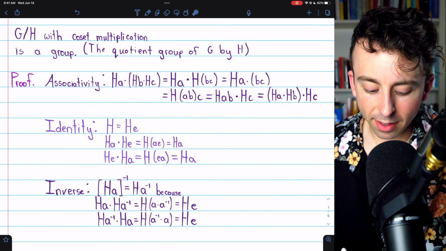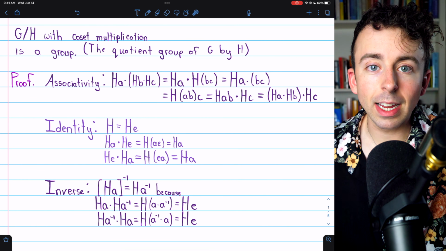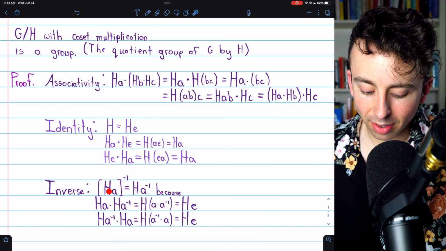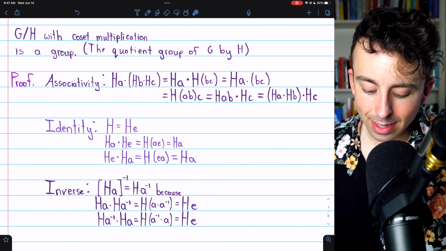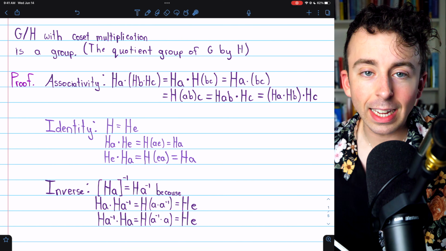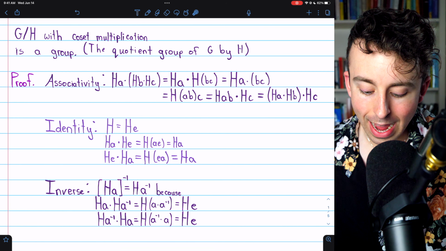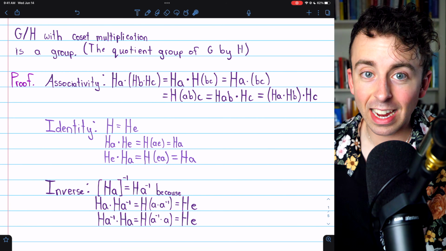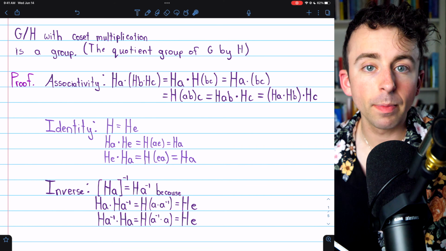Finally, we must show the existence of inverse elements in the set of all cosets of H. The inverse of the coset HA is simply the coset HA inverse. We of course know that A has an inverse because A is an element of the group G, so we can take its inverse and get A inverse.